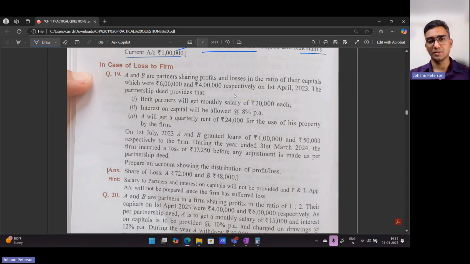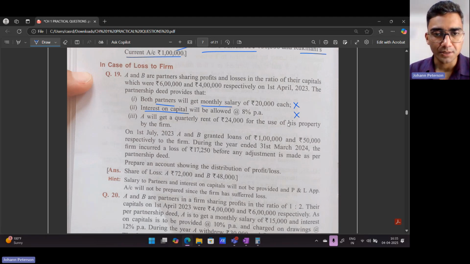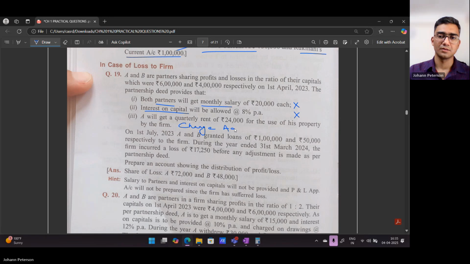Definitely we will not give a monthly salary to these partners because the firm has incurred a loss. We will not give interest on capital because the firm has incurred a loss. So these two are out of the question. We are told A will get a quarterly rent of 24,000 for the use of his property by the firm. So this is a charge against profit, and this will definitely have to be given.